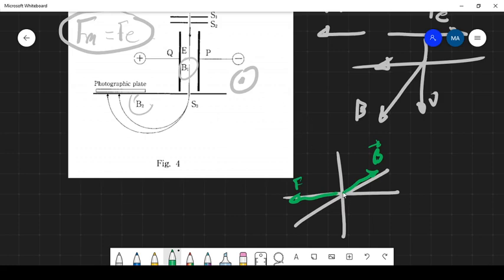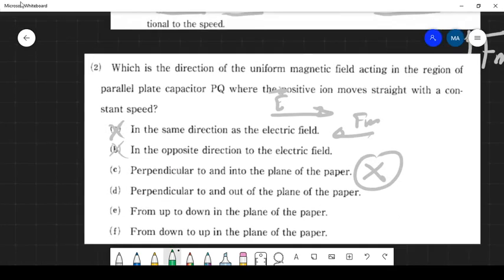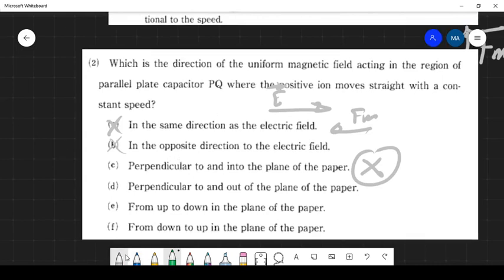Our velocity would be going upwards, because it's a proton. So if you put your thumb over here, and here your fingers, here will be V, and there will be the force. But in our case the velocity is going down. So this is why it's not into the plane, it's going outside the plane, so wrong.